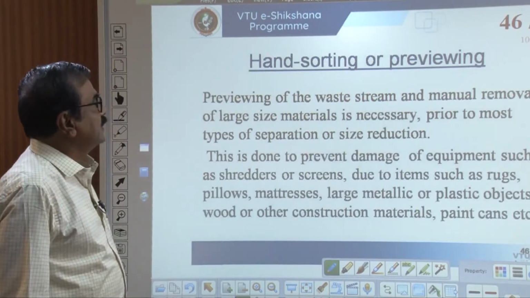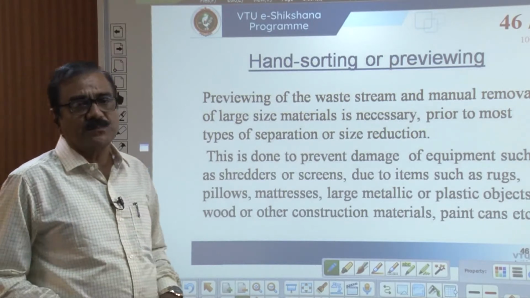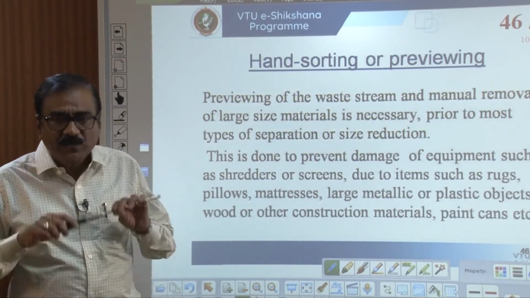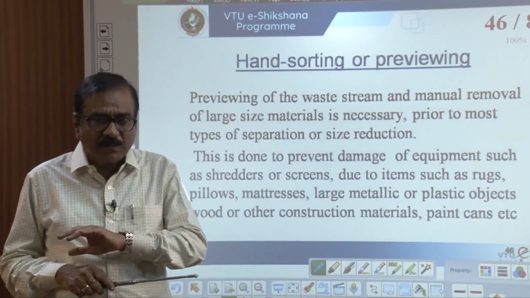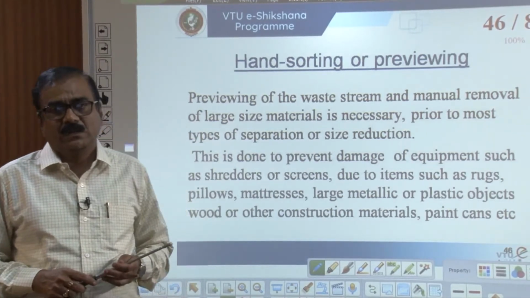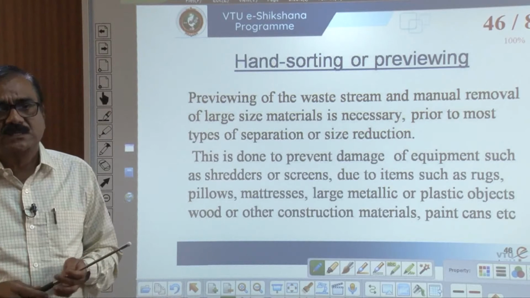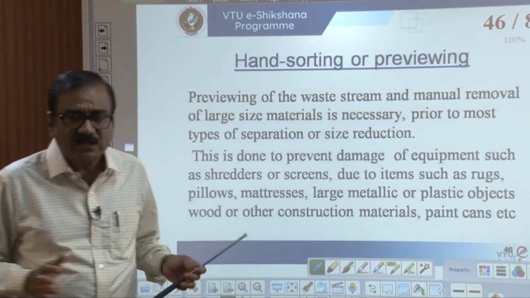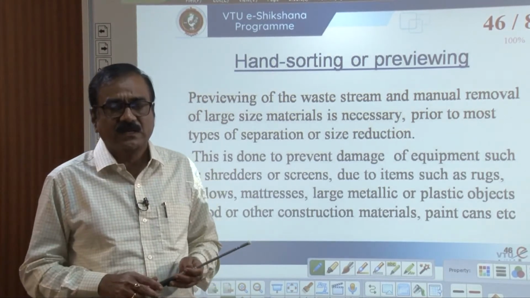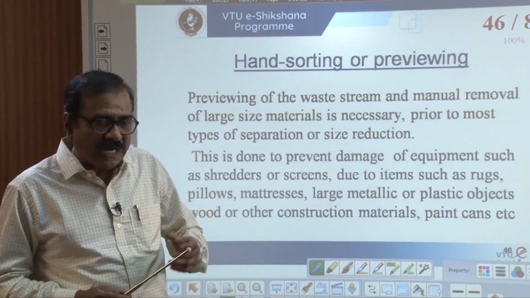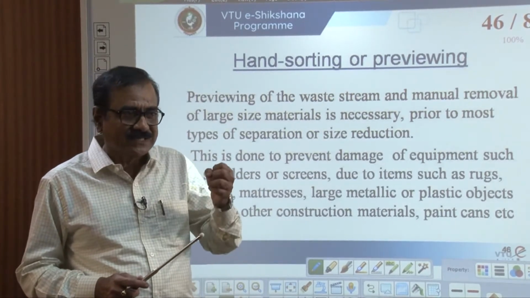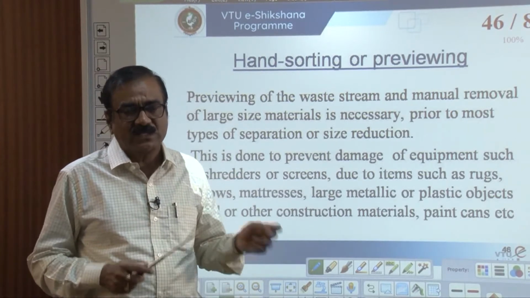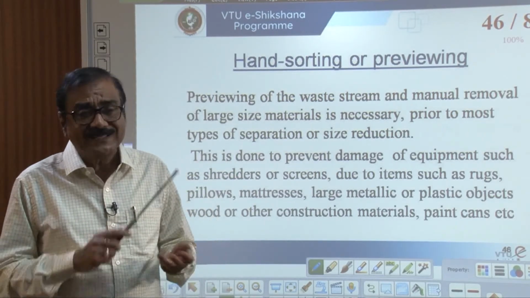What is hand sorting or preweaving? Preweaving of the waste stream and manual removal of the large sized components of the solid waste is very necessary prior to other techniques, like size reduction particularly. Why is it necessary?